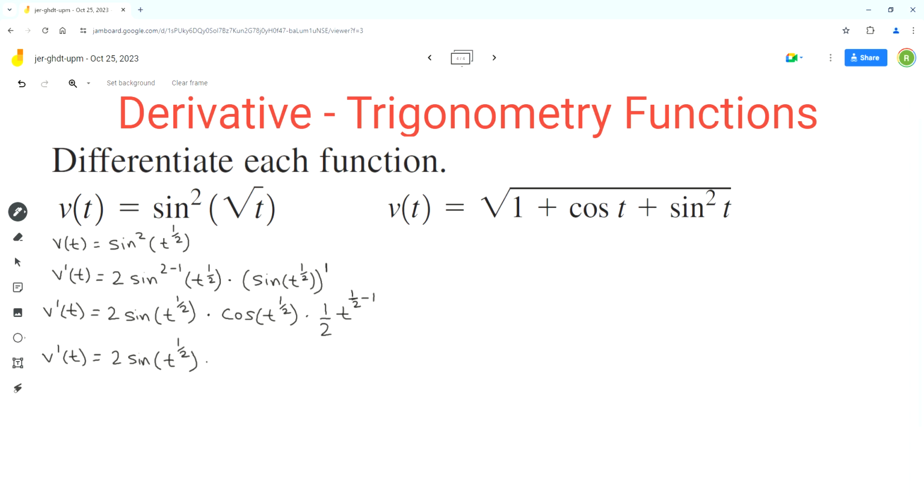The second part stays the same. Now in this last part, in the exponent, half minus 1 is negative half. Now in the next step, we can move this t term to the denominator with the 2 to make the exponent positive.